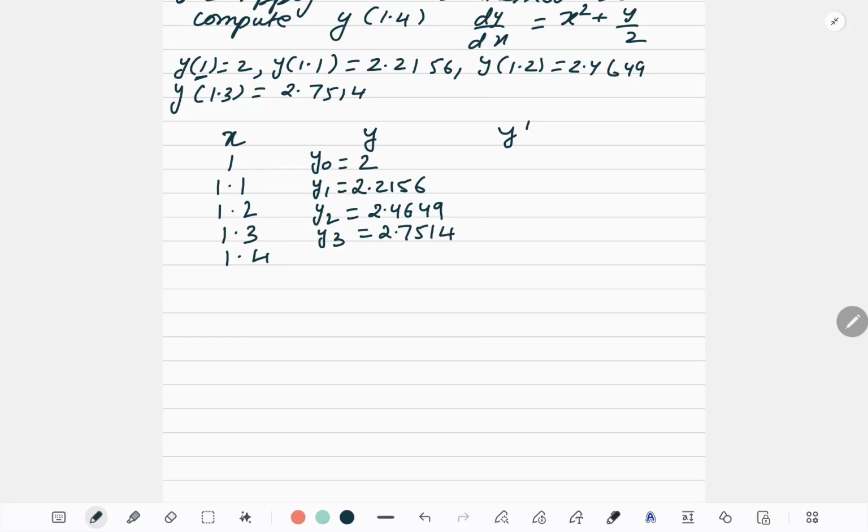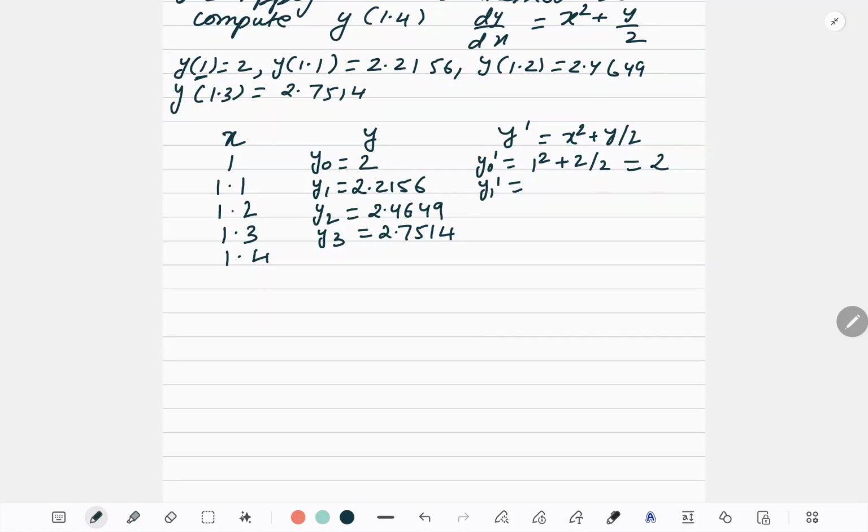Now what is y dash? Y dash is x squared plus y by 2. So for y0 dash, it will be x squared, meaning 1 squared, plus 2 by 2, which is equal to 2. Same way y1 dash.